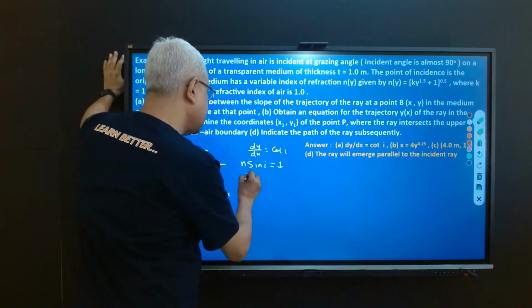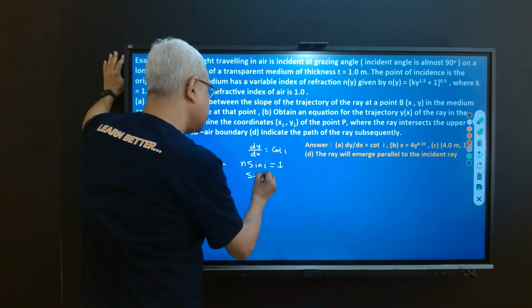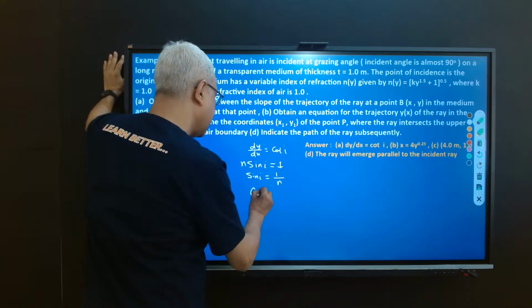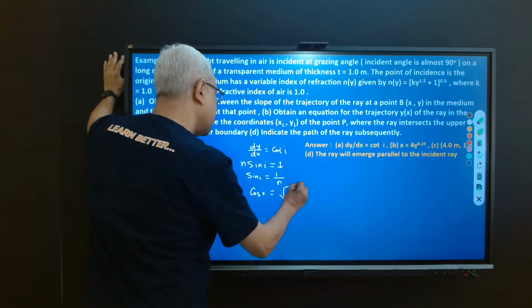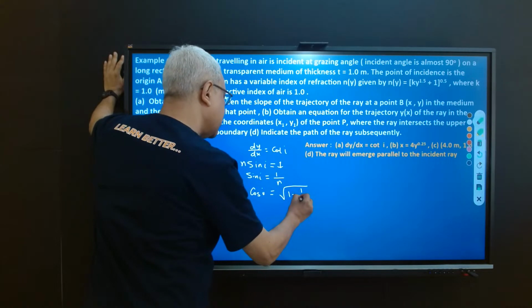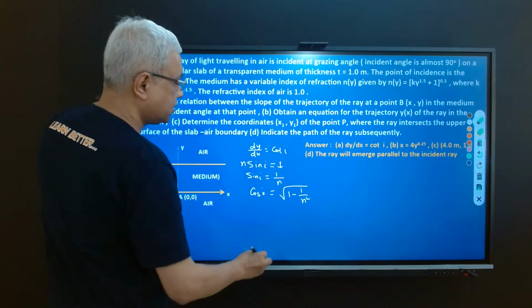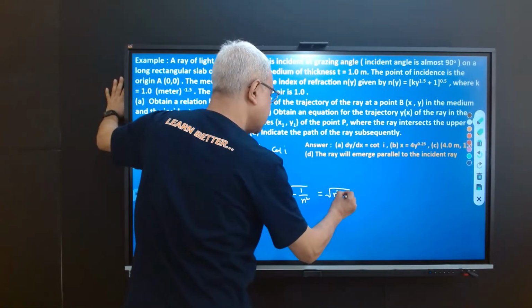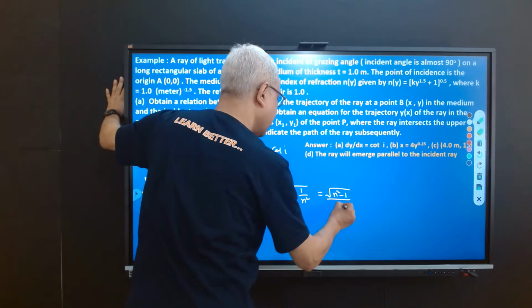So sin I is 1 by n and cos I is root over 1 minus 1 by n square. So it is how much? It is square root of n square minus 1 divided by n.